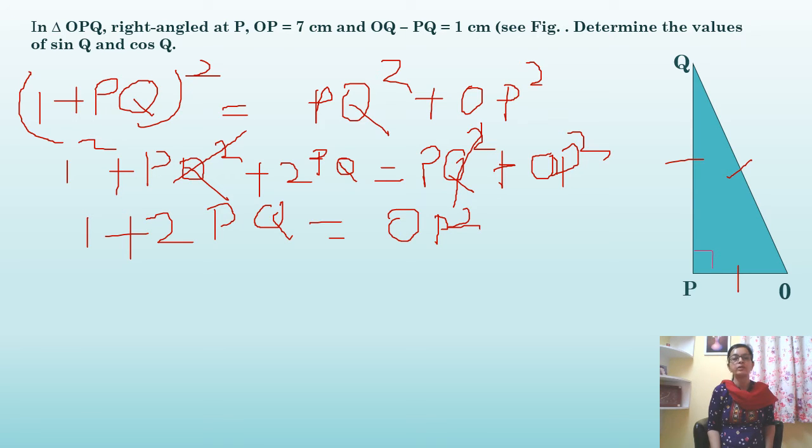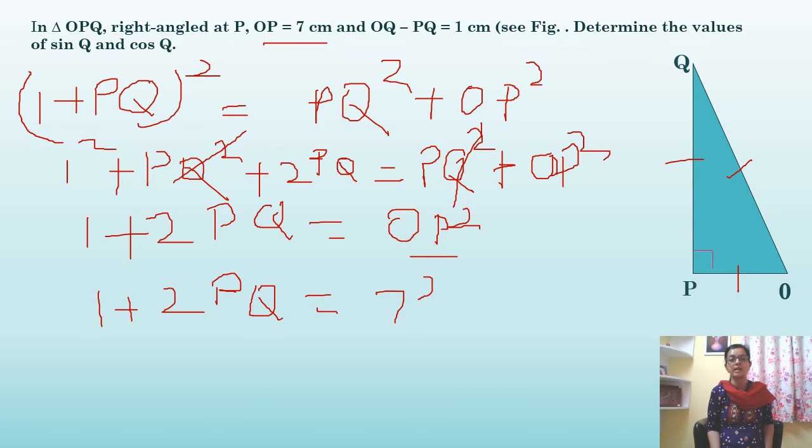Now let us again move to the question. OP is already given equal to 7 centimeter. So replace this OP squared with the value of OP equal to 7 centimeter. Over here, we will replace OP with 7. 1 plus 2PQ, write the LHS as it is. But in RHS, now you are going to put the value of OP equal to 7. So 7 squared because OP is squared.